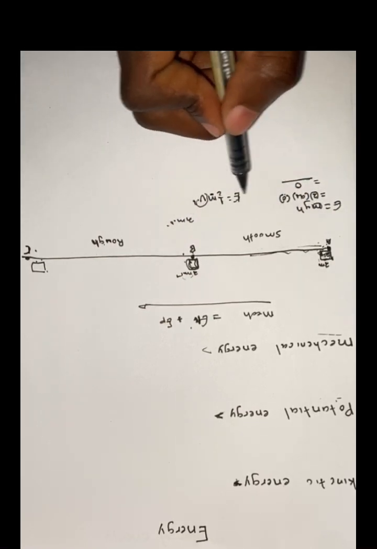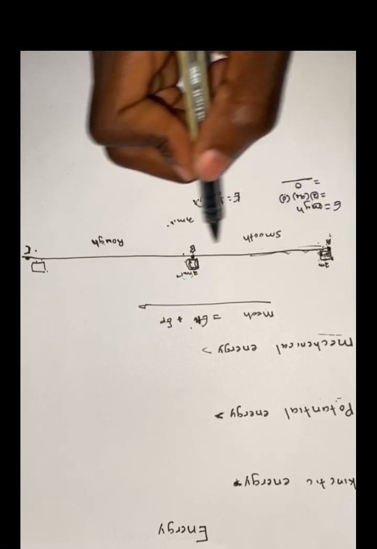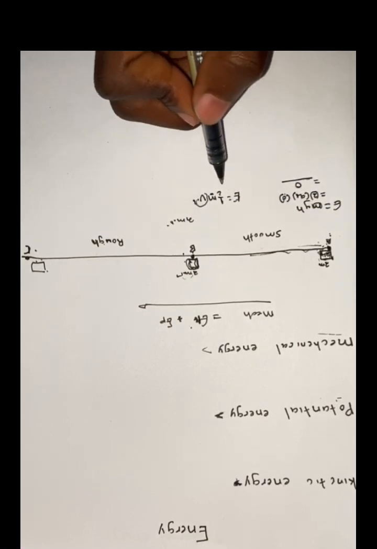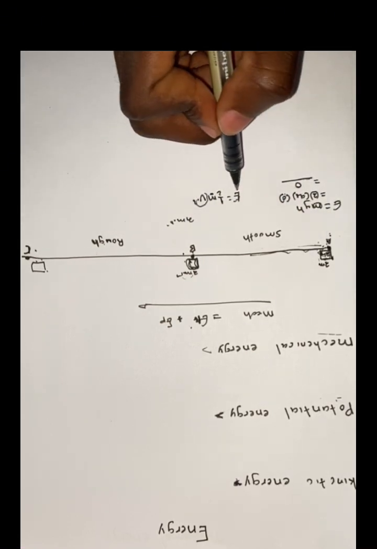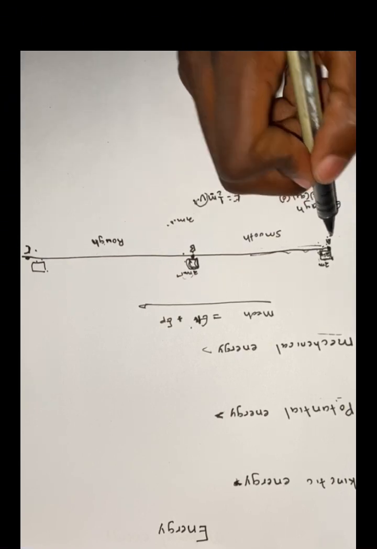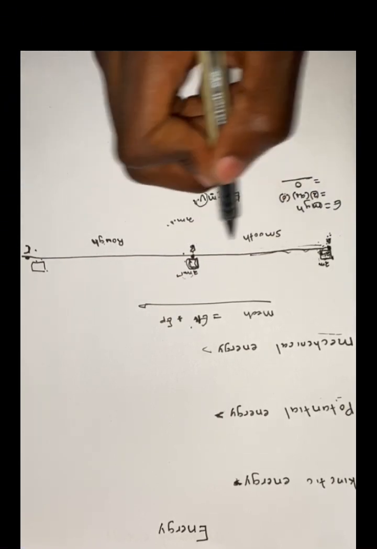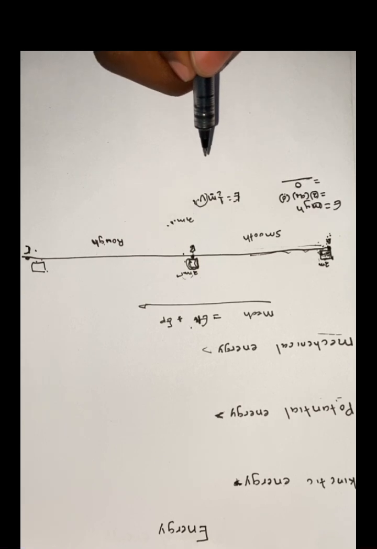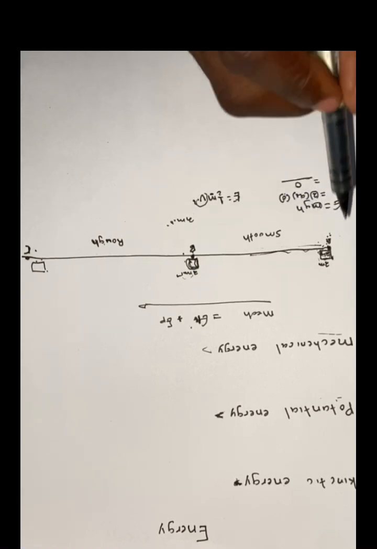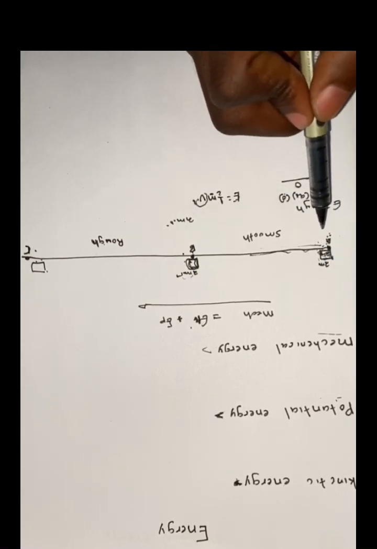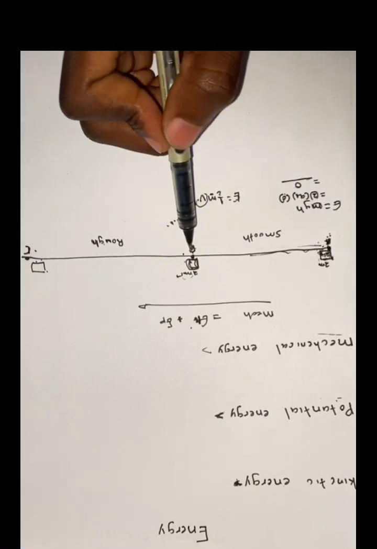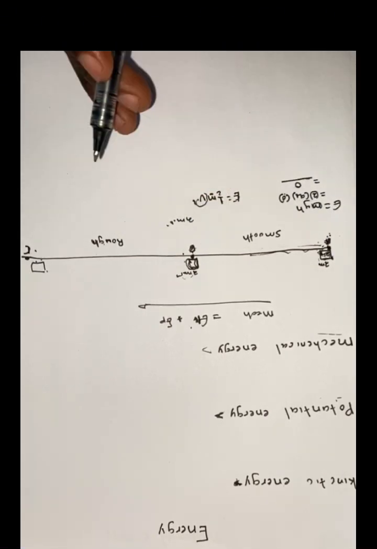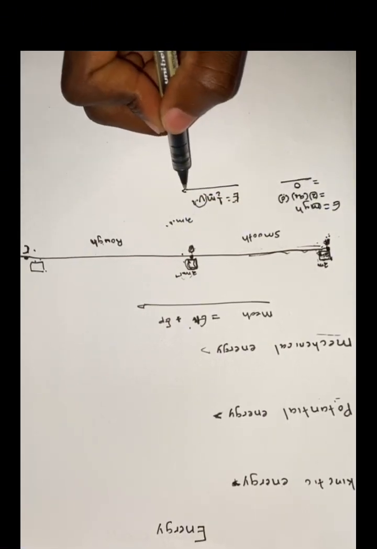That means the kinetic energy before and after is also the same. I hope you understand that one. If the kinetic energy before is equal to the kinetic energy after, that means kinetic energy is conserved. So in this case, from point A to point B, kinetic energy is conserved. Okay, I hope I made that very clear.